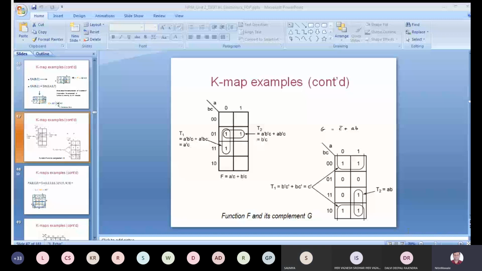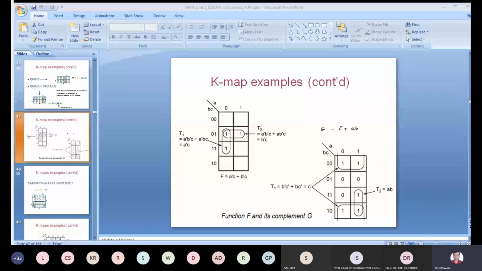So y is equal to summation of m 0, 2, 3, 5, 6, 7.